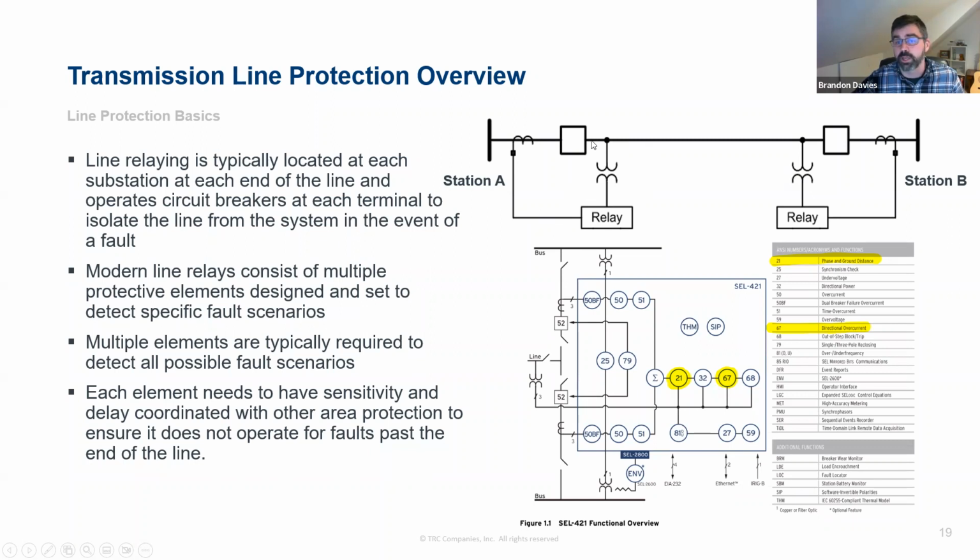Your switch on to fault protection, when your breaker closes, is enabled for a very short, set amount of time to trip in that exact scenario that you've left your grounds on. It would be set with just a simple phase overcurrent element that would trip the line back off if, when you close the breaker, it switches onto a fault. So it would very quickly, with no delay, trip the breaker off to isolate the system again.